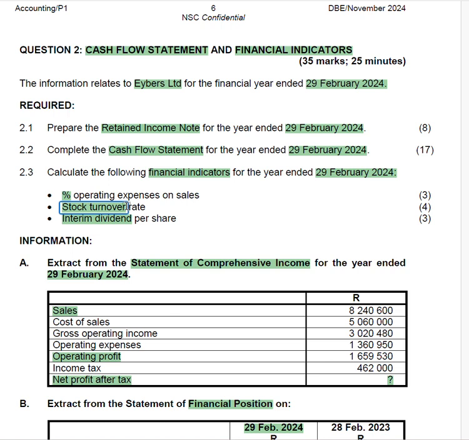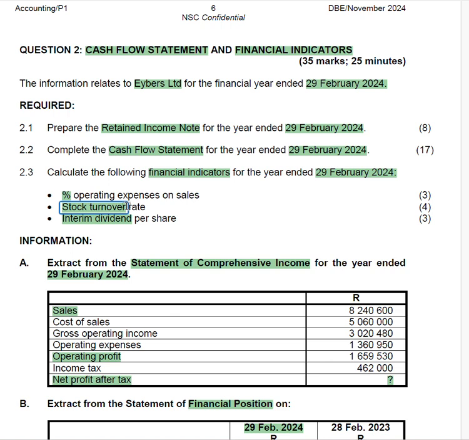So when looking at the stock turnover rate, we want that rate to be as high as possible because it shows that the inventory we are selling to the public is attractive to them, or that we are beating our competitors in the market.